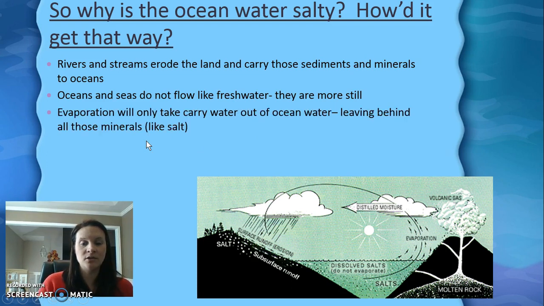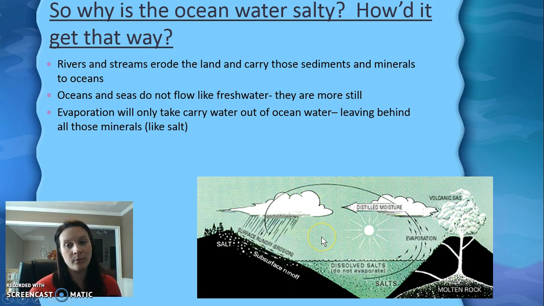So now we've got this accumulation of minerals, but let's not forget we also have a very important water cycle step happening, evaporation. Because our planet is so much water, the ocean evaporates a ton into our atmosphere.